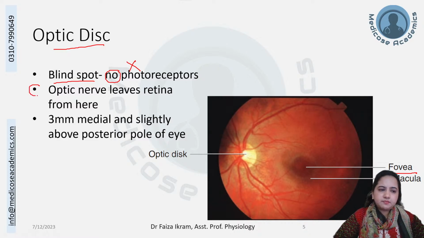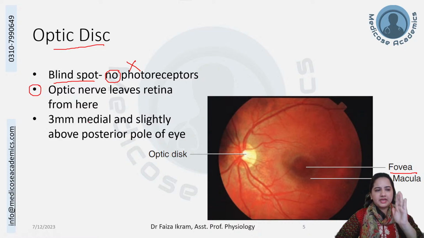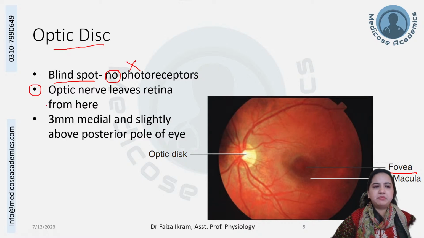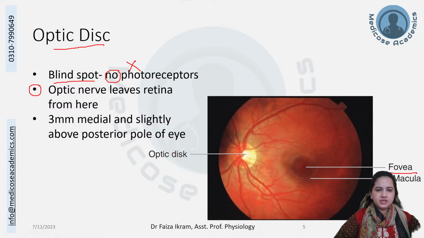Why is this created? Because this is the point in the retina where the optic nerve leaves the retina. We find it almost 3 millimeters medial and slightly above the posterior pole of the eye. If in the posterior pole the center portion is fovea centralis, just medial and a little above it, you will find the blind spot, the optic disc, the physiological blind spot.